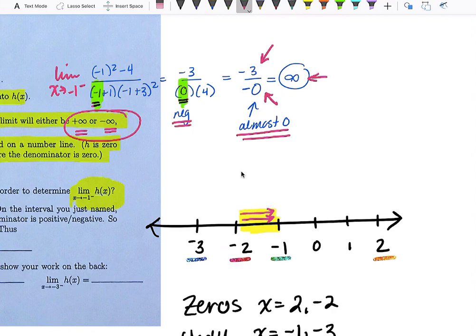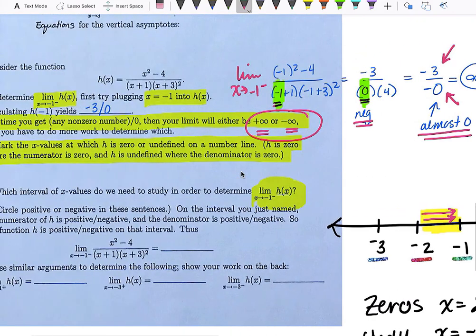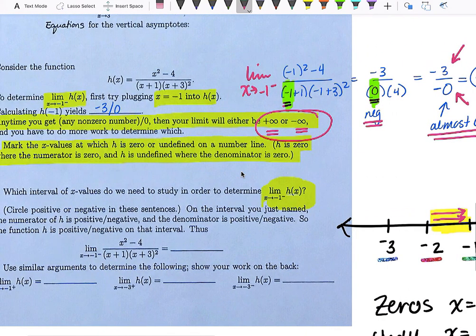So we've already done that piece. We figured out that this value has to be positive infinity because we got -3 over something very close to 0 but negative, so that's going to produce a positive value. It's not an actual value, it's undefined, it's a vertical asymptote, and we're going to get positive infinity.